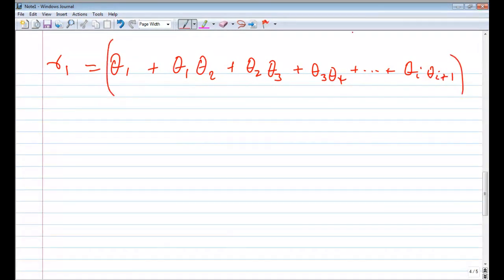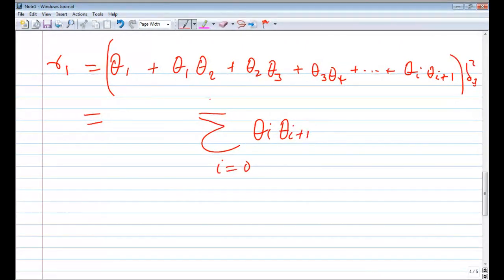Then you multiply it by sigma squared z. Okay, so that's it. Now you can write it in the form of summation again. So it's i equal to 0 of theta i theta i plus 1, then q minus 1, times sigma squared z.